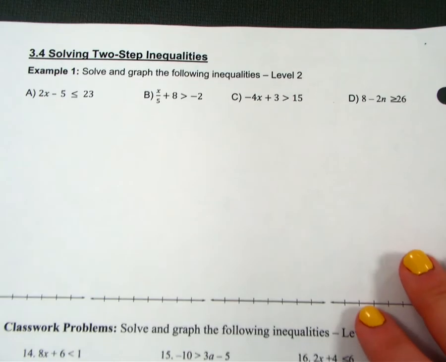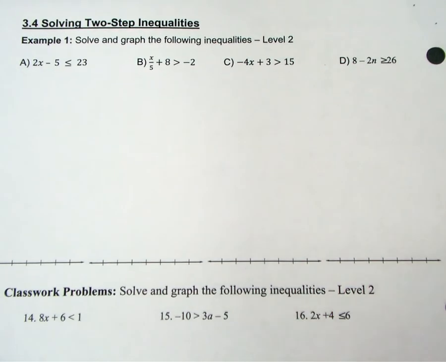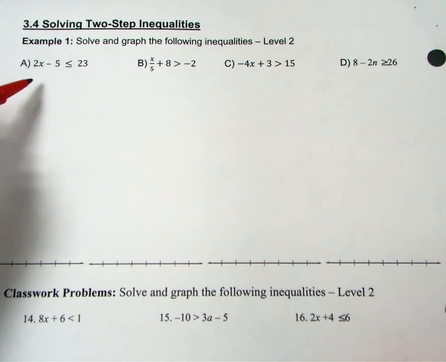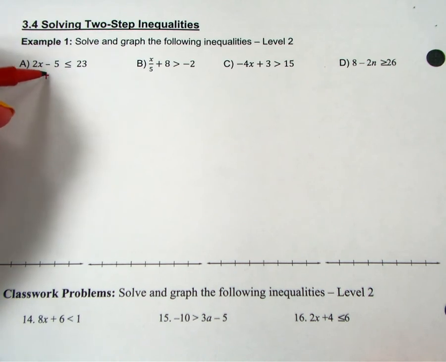Now let's take a look at what happens with two-step inequalities. This is on page 10 of your notes. For two-step inequalities, in order to get the x alone, the first thing I need to do is add 5 to both sides.